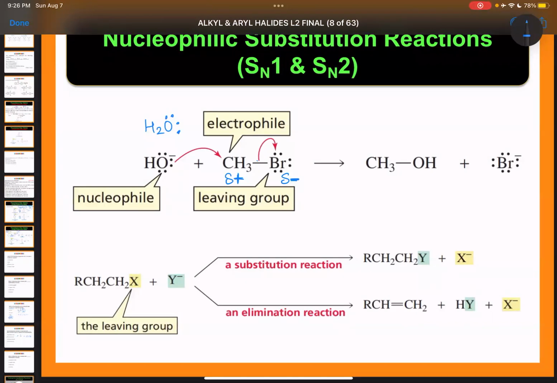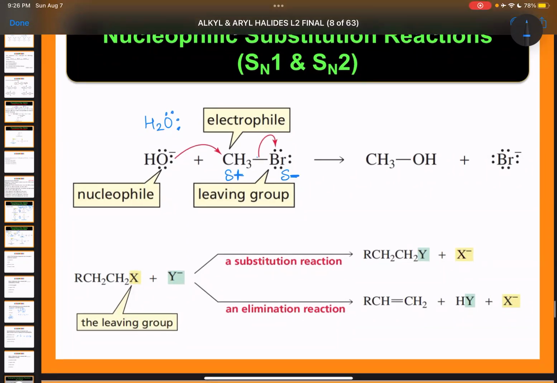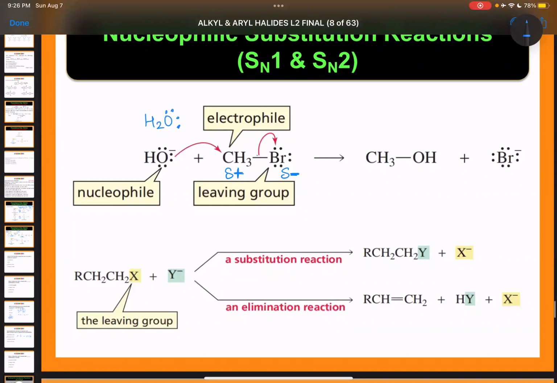The name indicates nucleus loving species, which means these are the species which have non-bonded electrons available, also known as lone pair, and they can share these readily with some other atom.